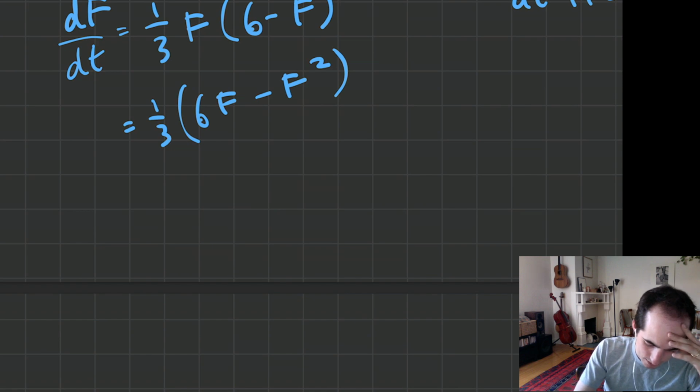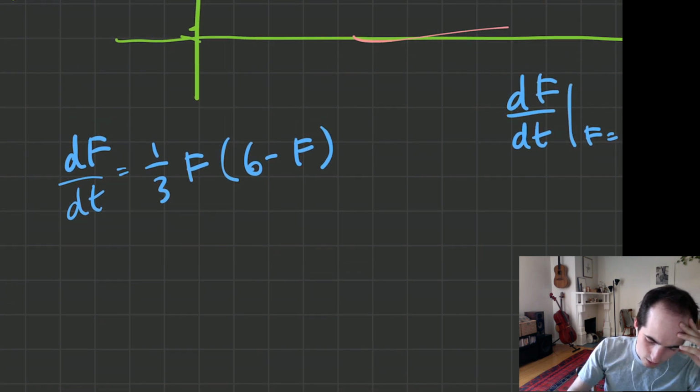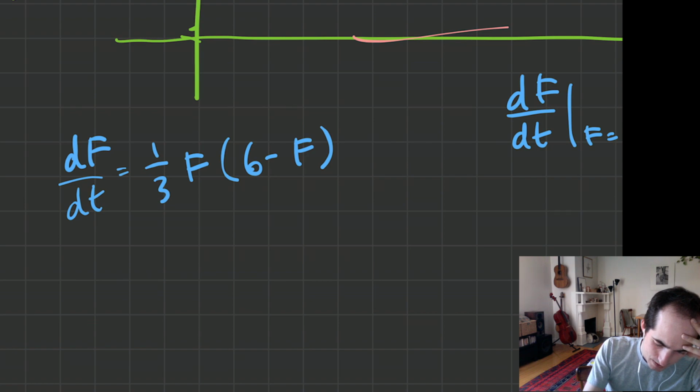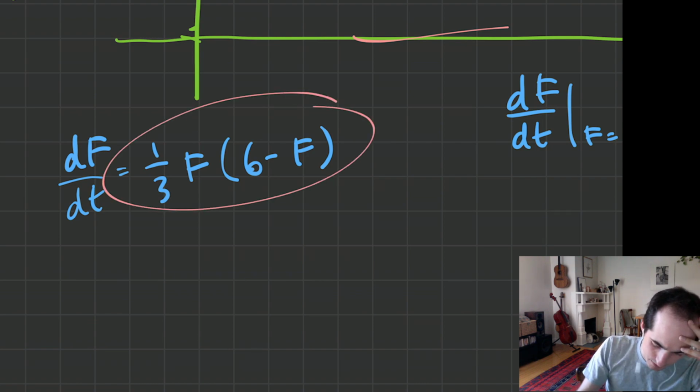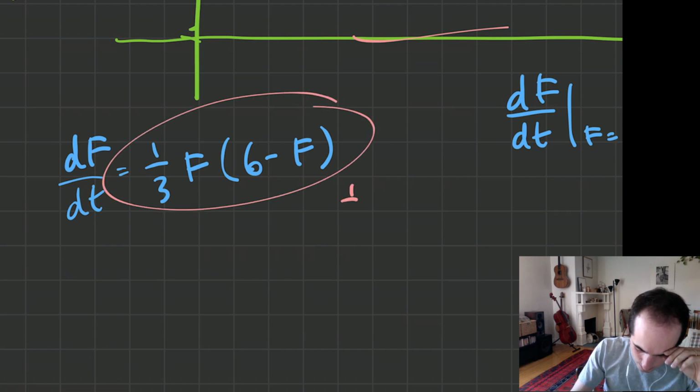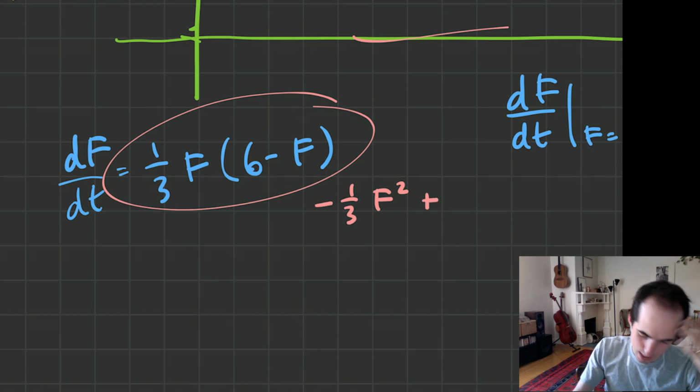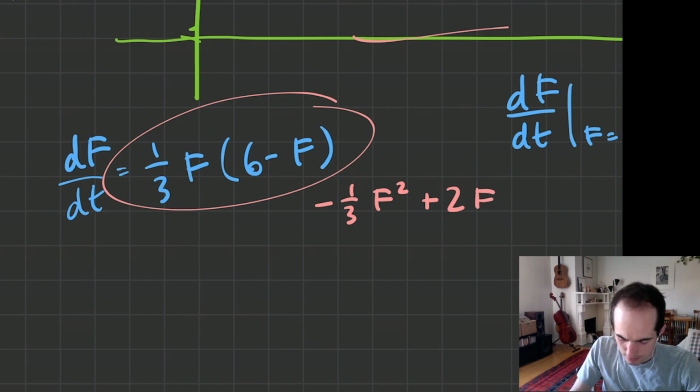Actually, it's already factored. This is a quadratic equation, because if you expand it, you'll get negative 1/3 f squared plus 2f. That's what the equation actually is.